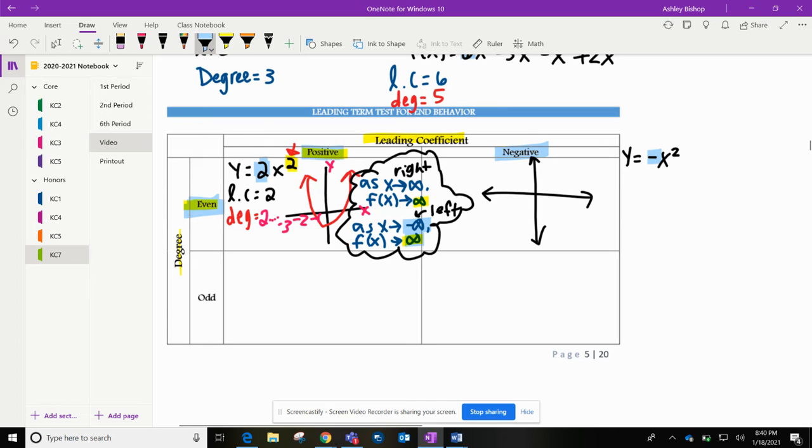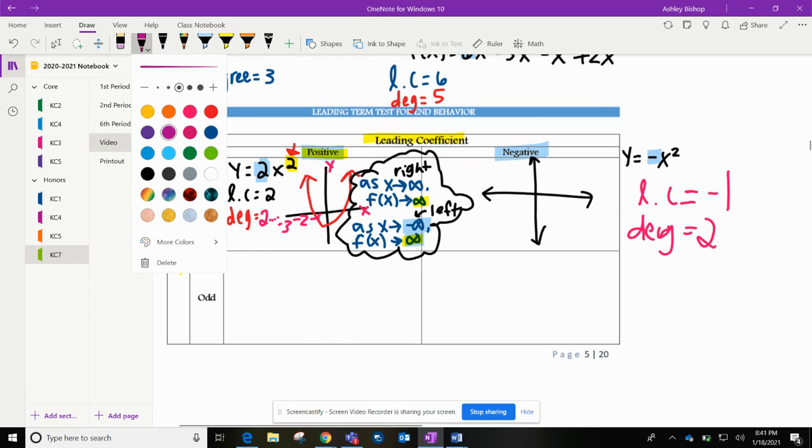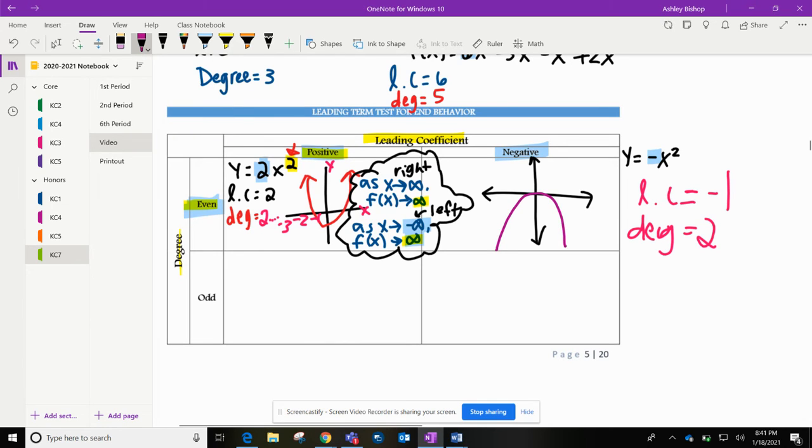So an even degree of 2. So my leading coefficient, my LC, is equal to -1. Remember, there can be a pretend 1 there. And the degree is 2. All right, so that graph would look something like this. That's what that graph is going to look like.